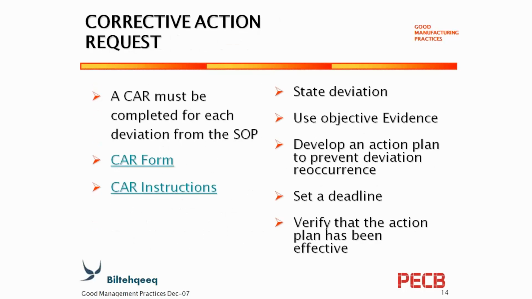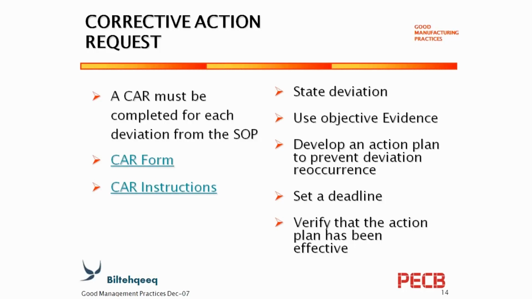The other concept is the corrective action request. As I have discussed in the previous slide, if there is any deviation from the SOP, you should take a corrective action, and you must have a corrective action form.